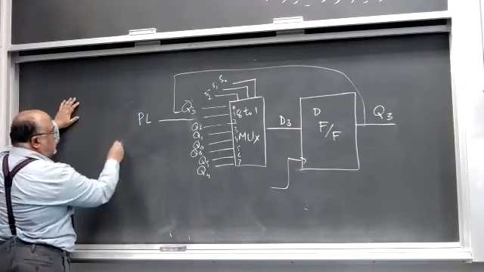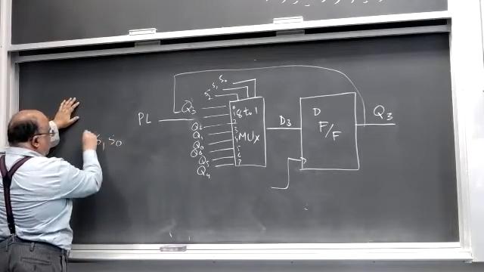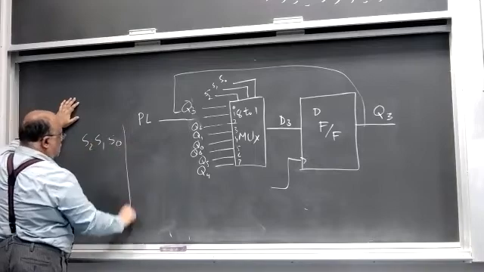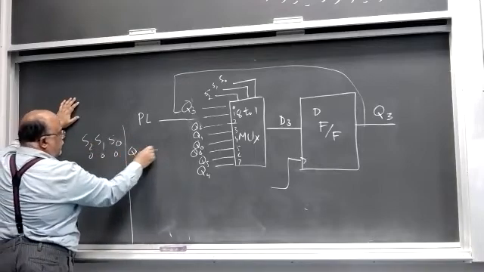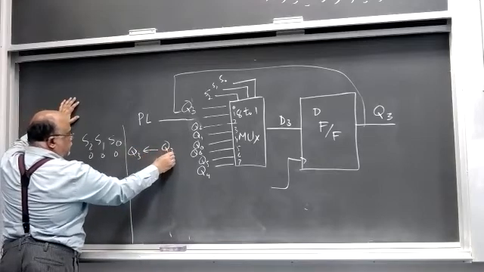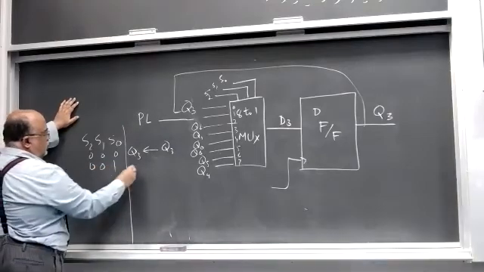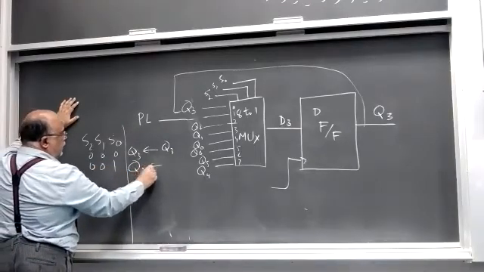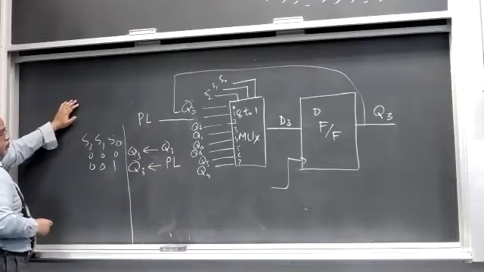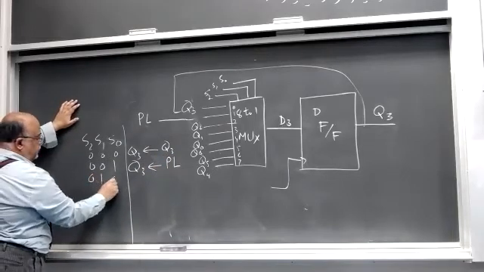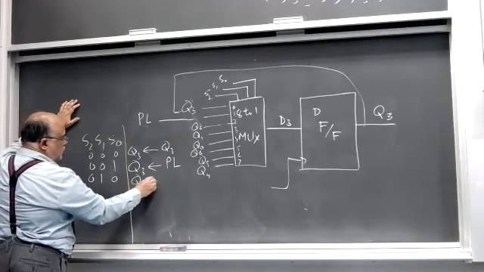Select lines S0, S1, S2, 0, 0, 0: Q3 after clock cycle have Q3, no change. 0, 0, 1: Q3 after clock cycle have a new value, parallel load. 0, 1, 0: Q3 is equal to Q2.